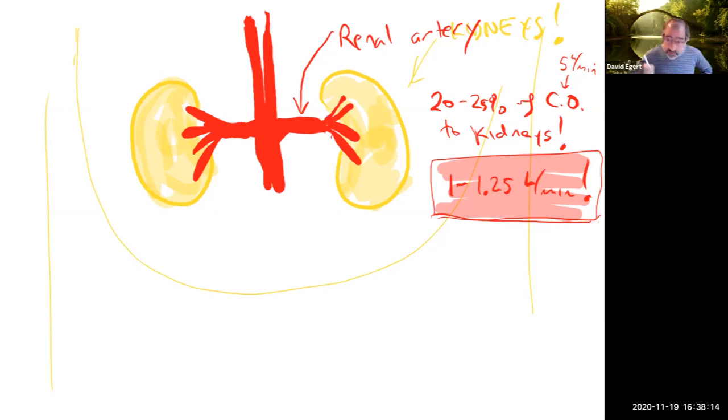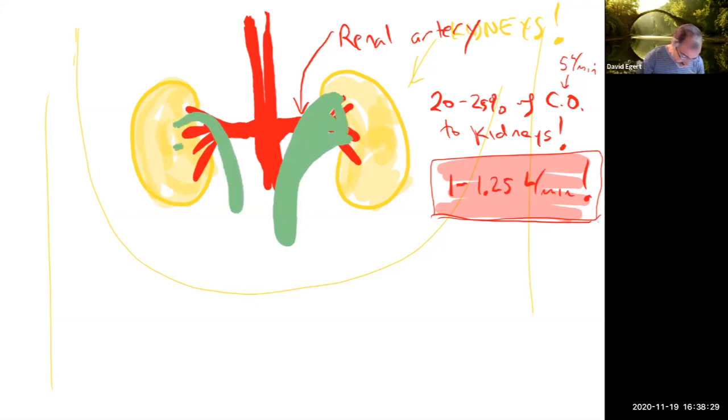Then the stuff that's going to eventually leave your body, be excreted, whether it is excess water or electrolytes or wastes, is going to leave through these things called the ureters. Let me make that a little less dramatic.